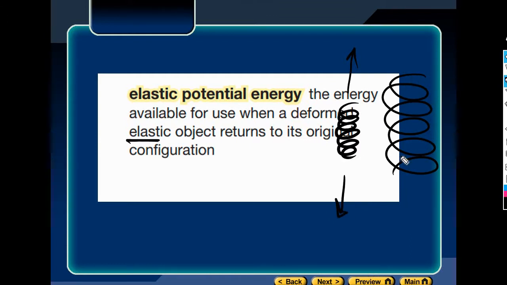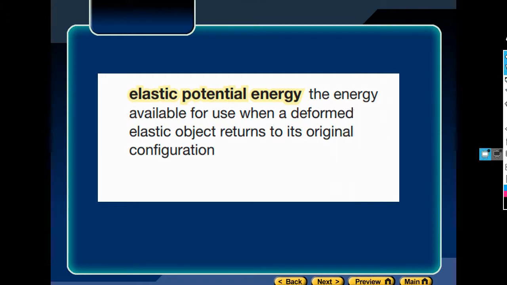Because this spring is made up of elastic material, an elastic object. This object can return again to its original state, and we will explain more with some experiments and some examples. I also have a simulation to explain more about that, and we have a lot of things to explain today.